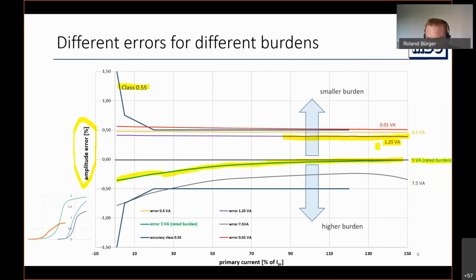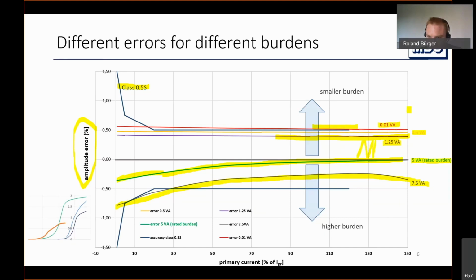And between these two lines, you have to be with your conducting lines and your energy meter. Because if you are outside this range, there could be an overburdening. And of course, if you are overburdening the current transformer, it can be out of class. And with smaller burdens, you can be out of class as well.